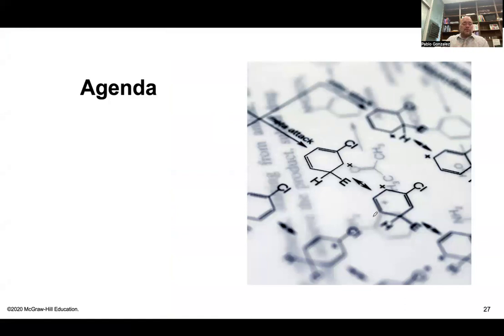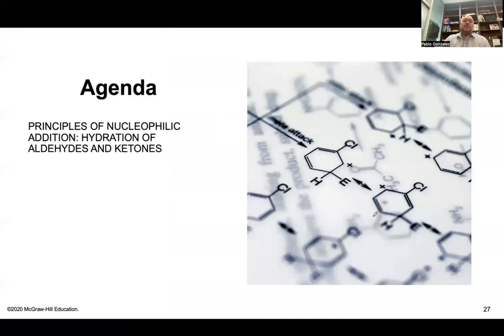So let's go now for section number 2, which is going to cover sections 18.6 through 18.11. Here we'll be discussing the principles of nucleophilic addition and hydration of aldehydes and ketones.